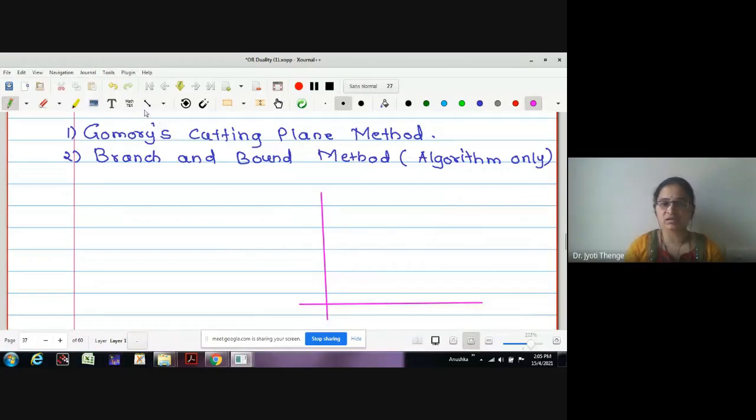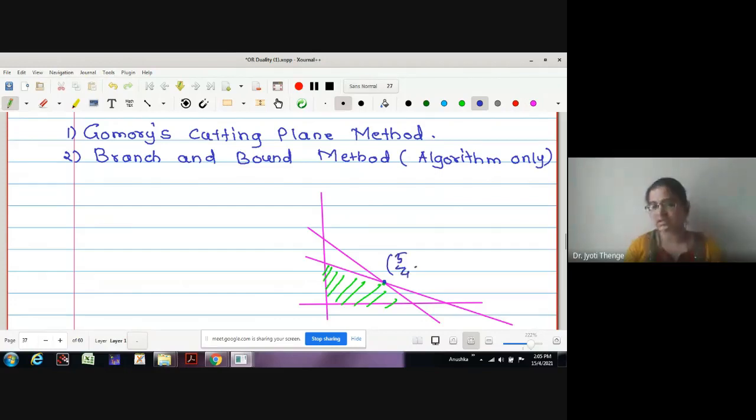Suppose this is my feasible region, whatever the region below the two lines, and this point is giving us the optimal value. Suppose this is not an integer, it is a fractional value, say 5 by 4, 9 by 2, etc. Then Gomory gave an idea, he introduced a method in such a way that a new constraint is introduced.